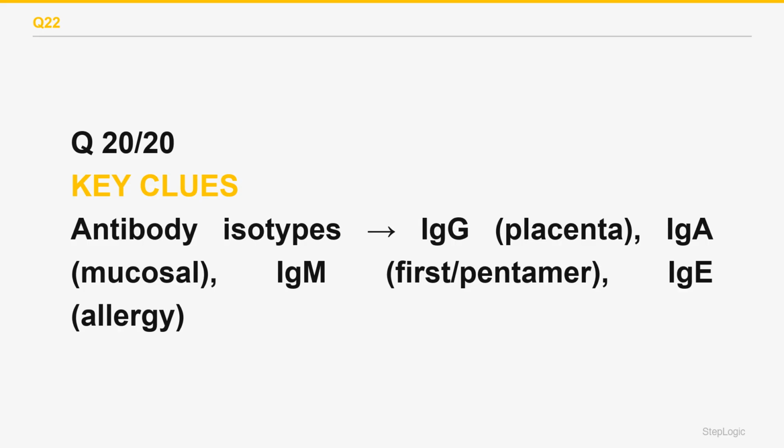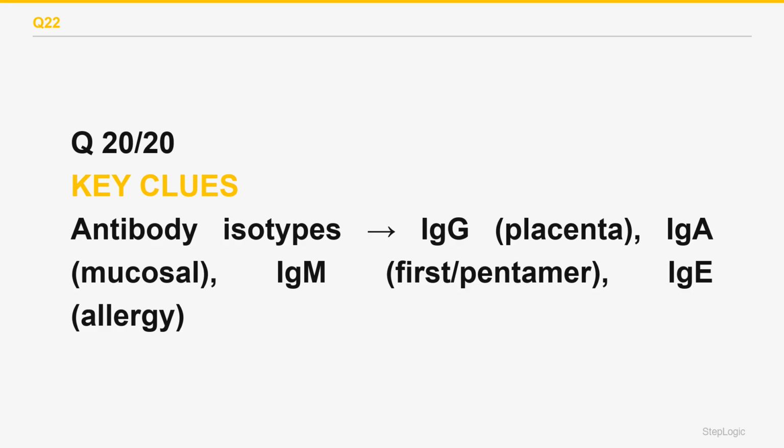Each immunoglobulin isotype has distinct functions. IgG is the most abundant serum antibody. It is the only one that crosses the placenta, providing passive neonatal immunity, and it mediates opsonization, complement fixation, and neutralization, the main antibody of the secondary immune response. IgA is the secretory antibody found at mucosal surfaces, gut, respiratory tract, and in saliva, tears, and breast milk, where it protects against pathogens.